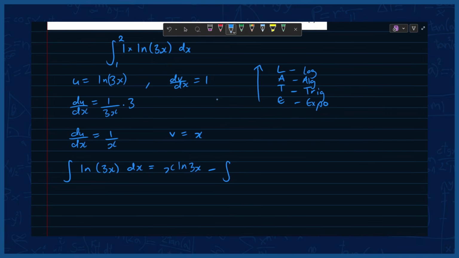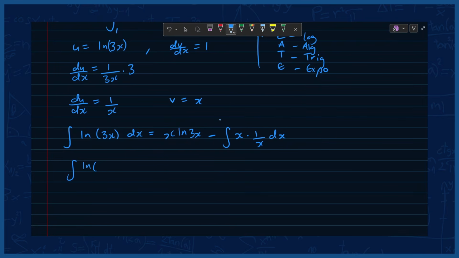So v du, that's x times the 1 over x, with respect to x. So the integral of ln 3x dx is equal to x ln 3x minus the integral, the x and the x cancel, and we just end up with 1.